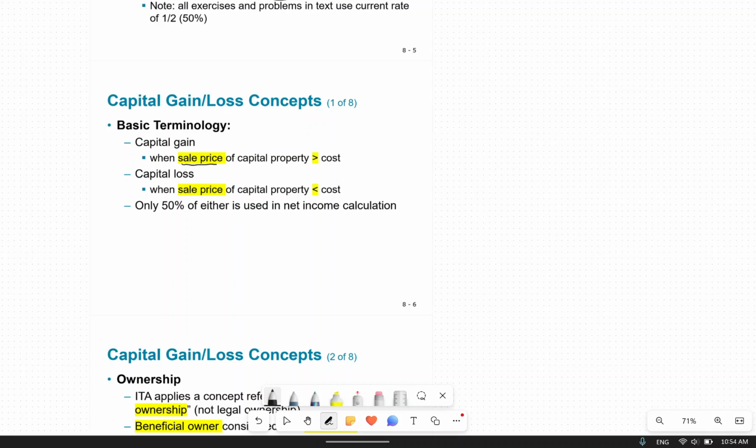If the sale price of the capital property is more than the cost, you are going to have a capital gain, and then from there we need to convert this capital gain to a taxable capital gain. Depending on when you're doing it, you multiply by 50% to get your taxable capital gain.